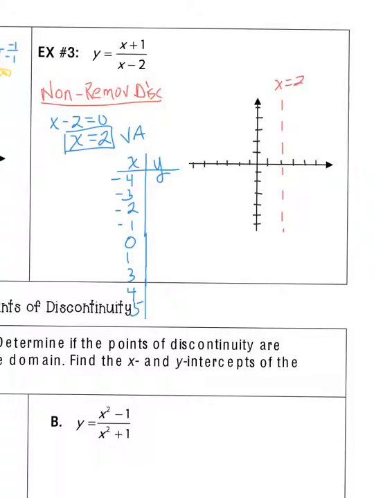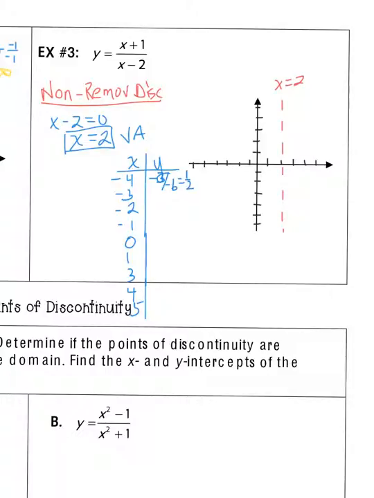So -4 plus 1 is -3 divided by -4 minus 2 is -6, which equals 1/2. So when x is -4, y is positive 1/2.